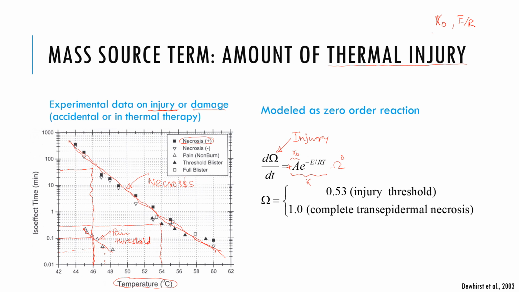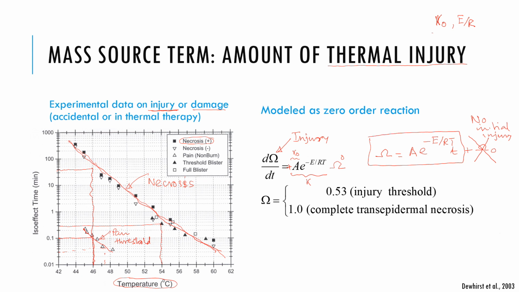Now, if I integrate this, I write omega is equal to a e raised to minus E over RT times t plus omega 0. Since we do not have any initial injury, we get this expression for injury as a function of time.